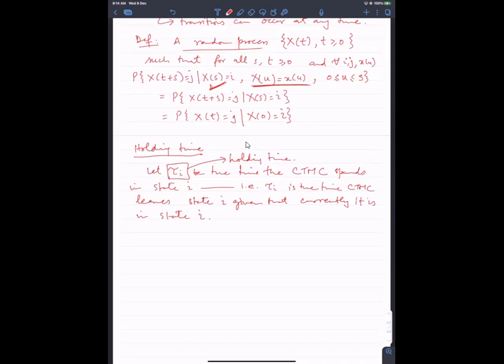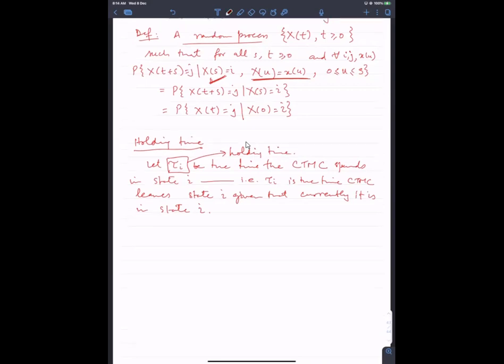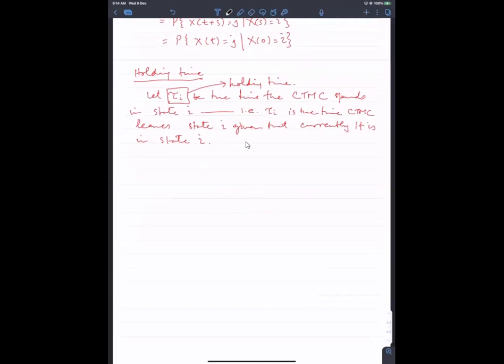So what does the Markov property tell us? The Markov property tells us that the probability that tau i, which is a random variable, how much time you spend in a state i, is greater than t plus s, given that this time is greater than s, according to the Markov property, has to be equal to the probability that tau i is greater than t.